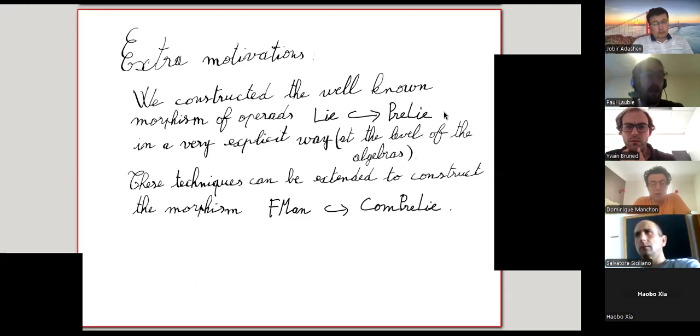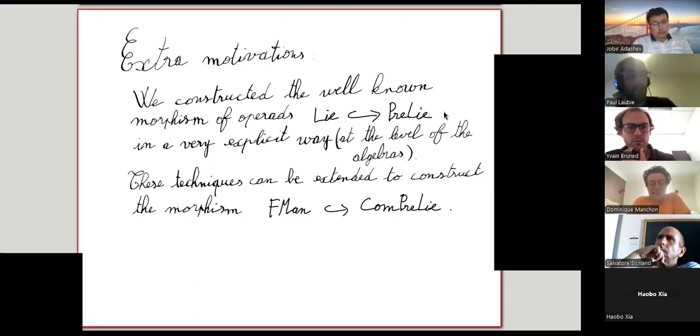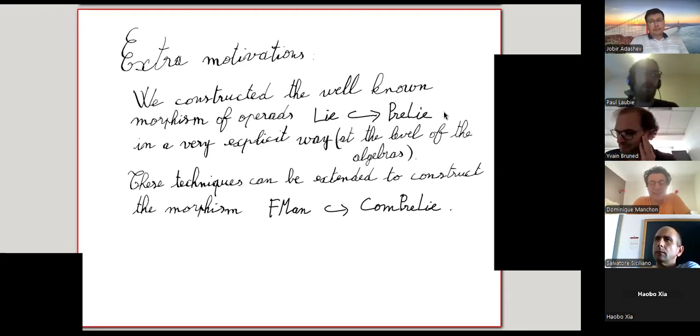Yes, I'm already considering those, and I already know a bit of what to expect, because we will have some objects related to the brace operad. The issue is that the brace operad is not quadratic, so we cannot directly apply those techniques.